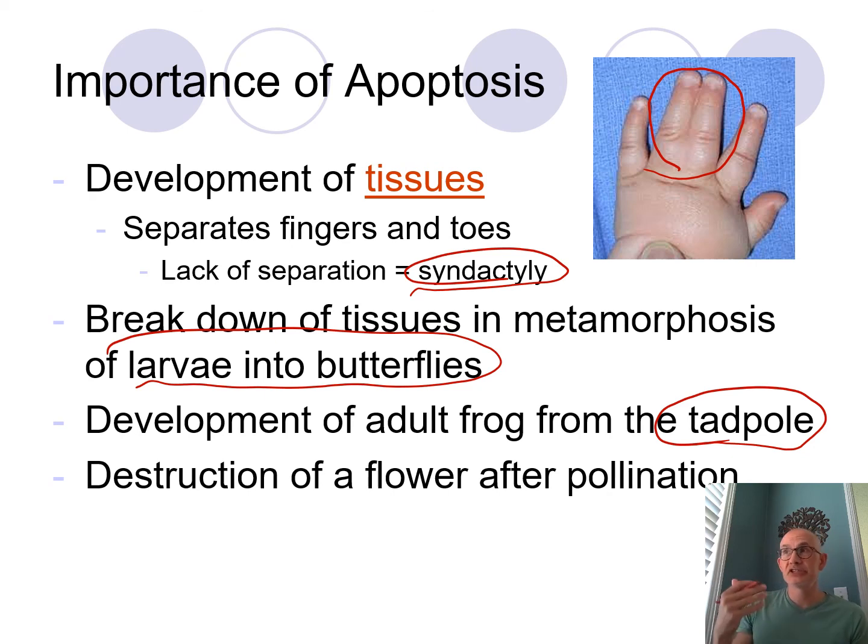So once the job of the flower is done, let's get rid of it, stop wasting those nutrients and resources. So apoptosis gets rid of that flower, so then the plant can concentrate on developing the seeds and the fruit, so it can continue its reproductive process.